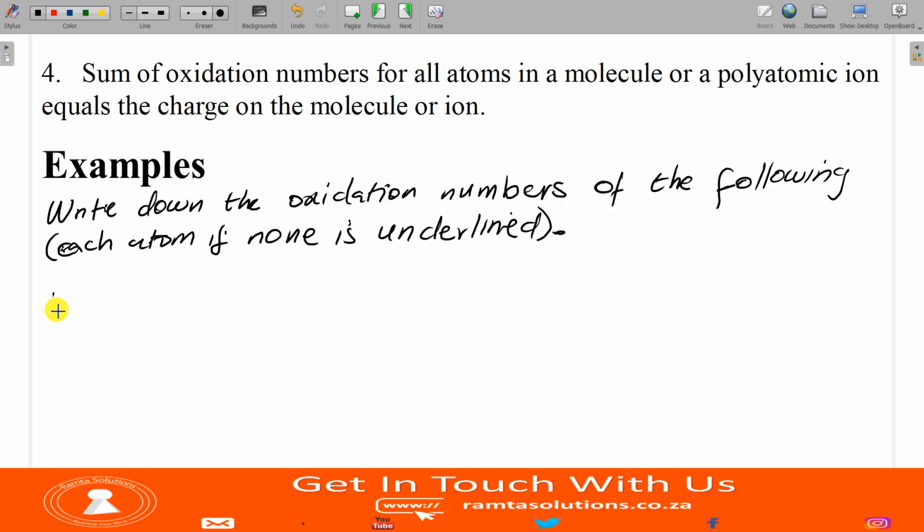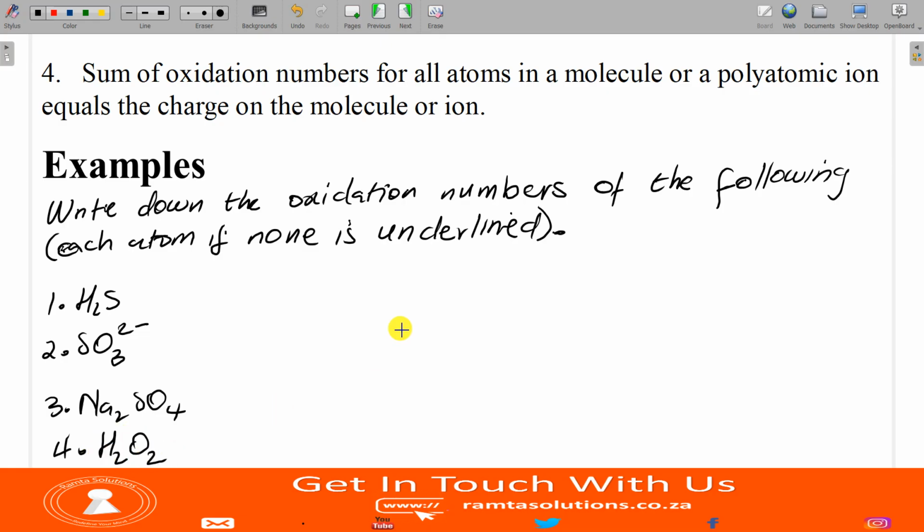Now, number 1, we're going to look at H2S. 2, we're going to look at SO3 2 minus. Number 3, Na2SO4. Number 4, H2O2.